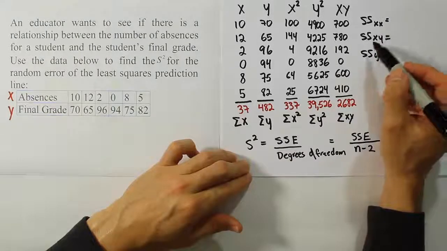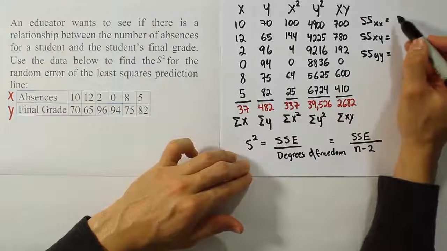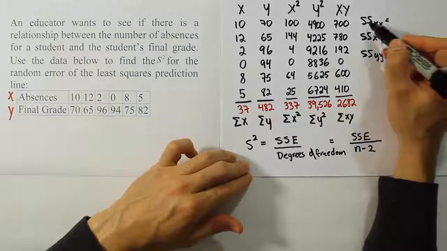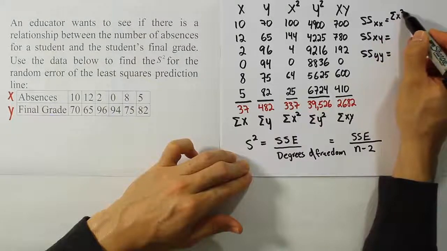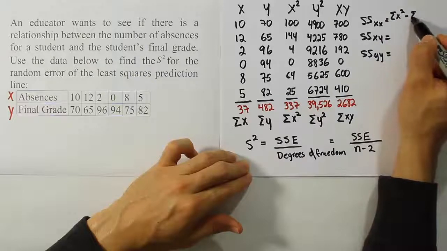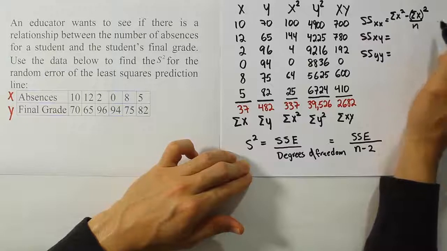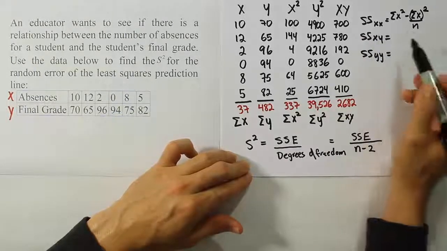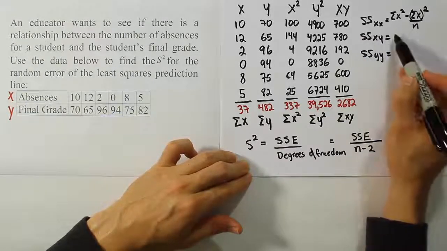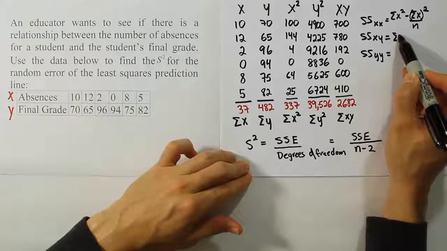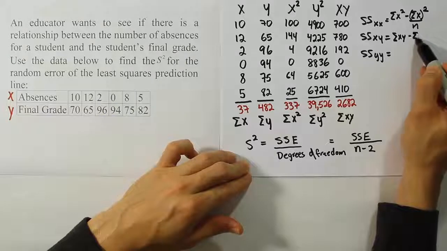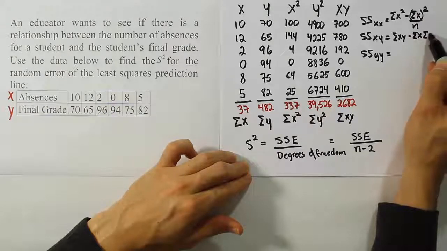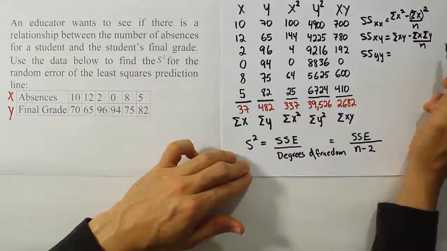So let's start by calculating these items, and let's remember the formulas for each one. For the sum of square for xx, we have to do the sum of x squared minus the sum of x quantity squared all over n. The sum of square for xy is going to be the sum of the x times y column minus the sum of x times the sum of y all over n.